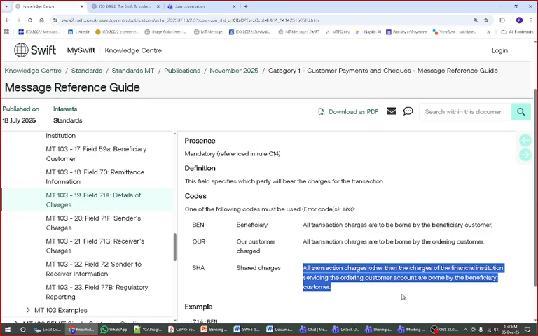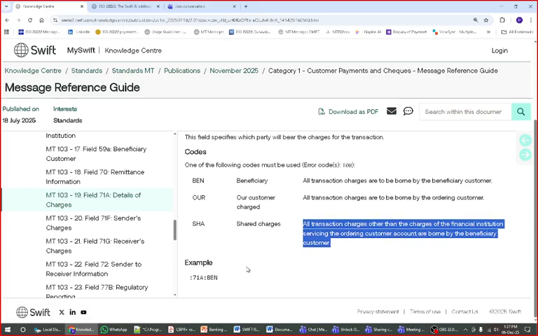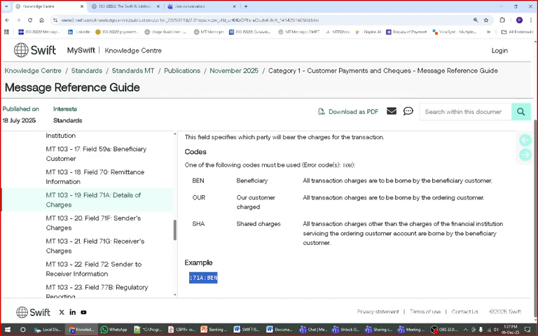That's the meaning of sharing. So BEN, OUR, and SHA. If you are using these words, then it's mentioned like this, 71A BEN.